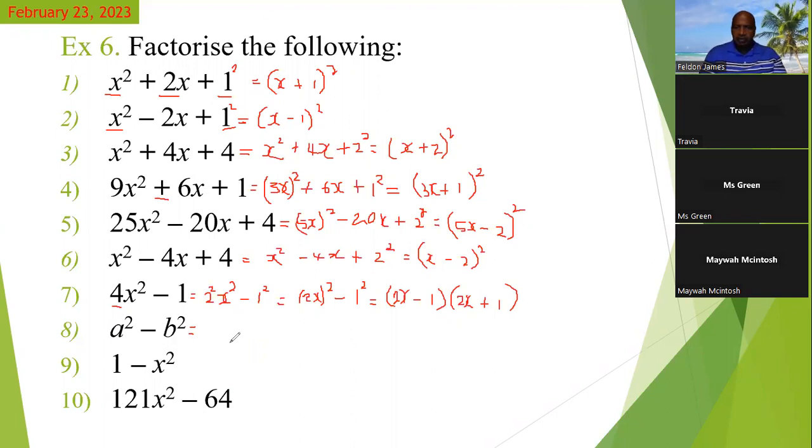A square minus B square, sir. Does that resemble anything we have been discussing? When you have one square term minus another square term, what do we call that? Difference of squares, sir. Exactly. So when we have a difference of squares, what is the procedure to factorize it?